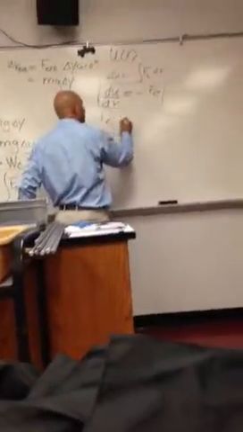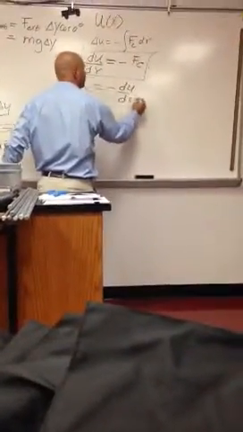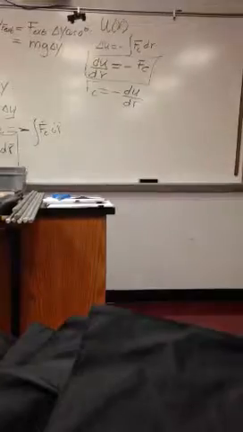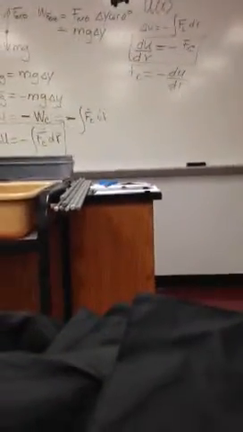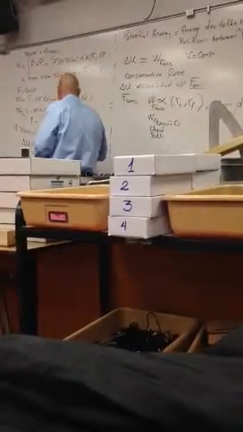With respect to r. So this will be in one dimension. In other words, if I want to get the conservative force, it will be negative dU over dr. So the conservative force will be equal to negative the derivative dU over dr in one dimension.